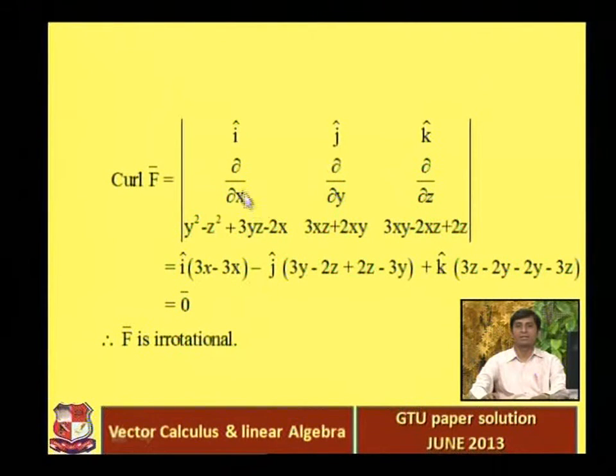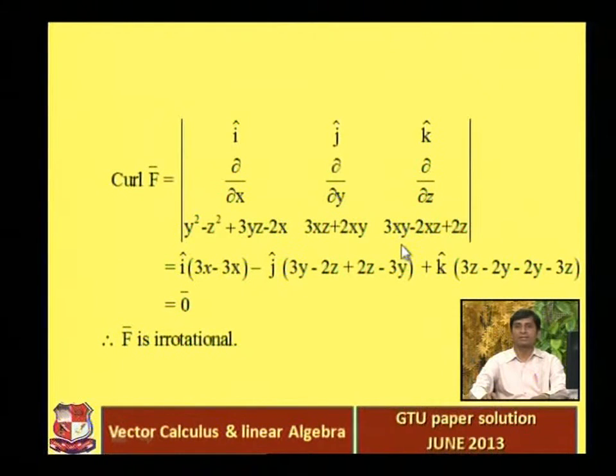So that is equal to i times: del by del y of the third term, that is 3x, since the derivative of 3xy with respect to y is 3x, and the derivative of the other terms with respect to y is 0, including 2z.